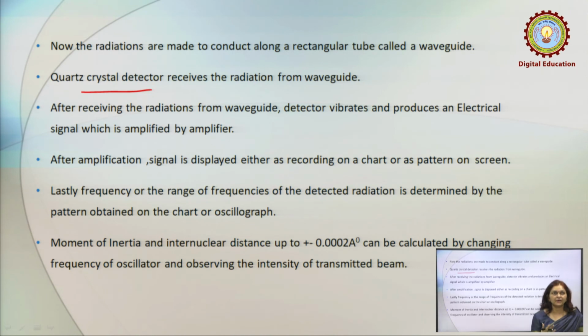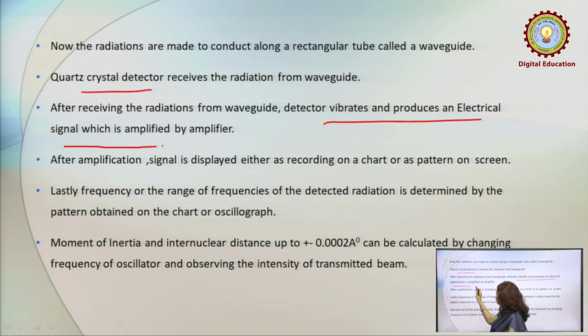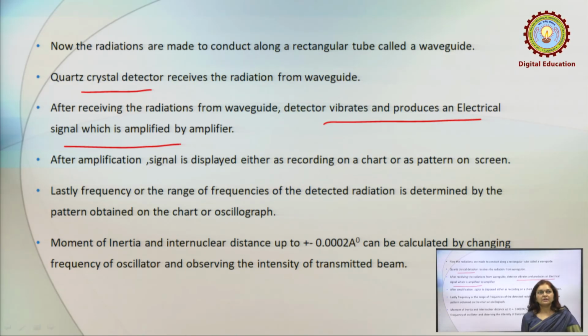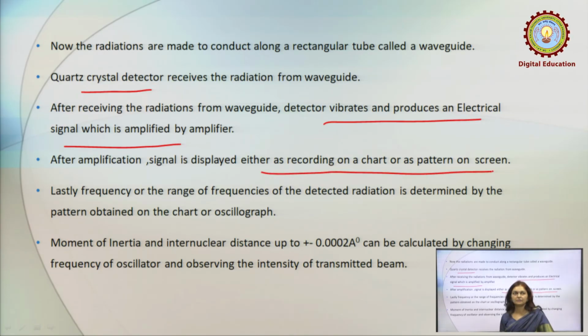After receiving the radiation, the detector vibrates and produces an electrical signal which is amplified by the amplifier. After amplification, the signal is displayed either as a recording on a chart or as a pattern on a screen.